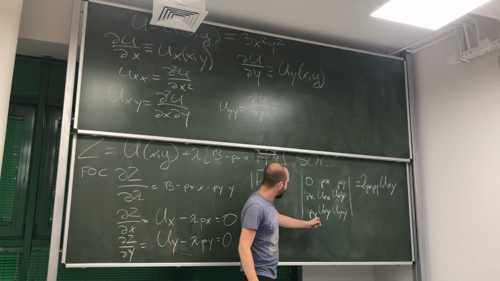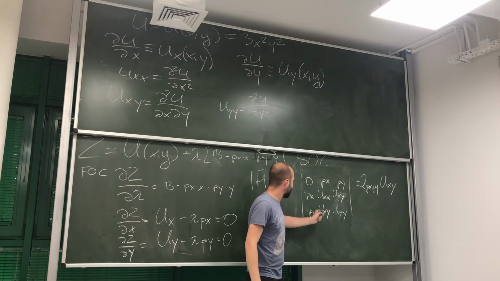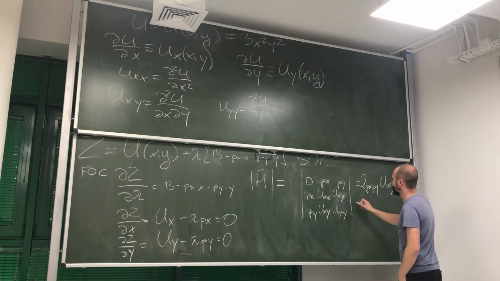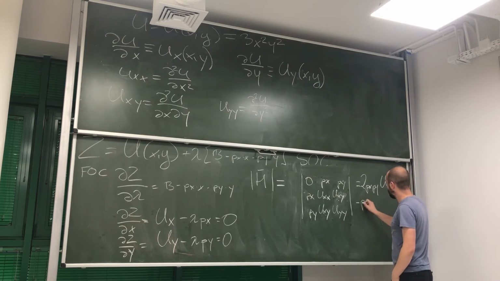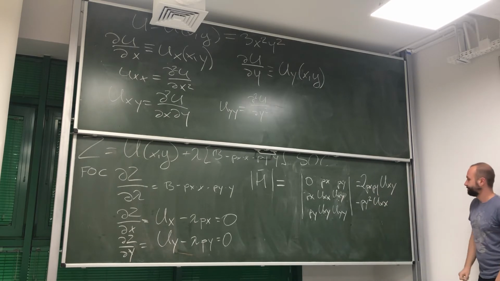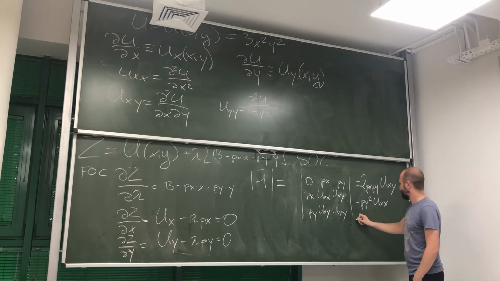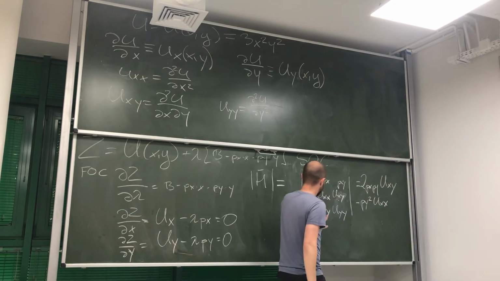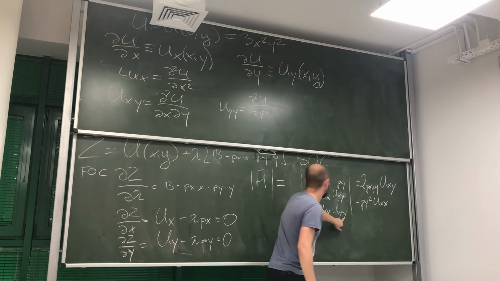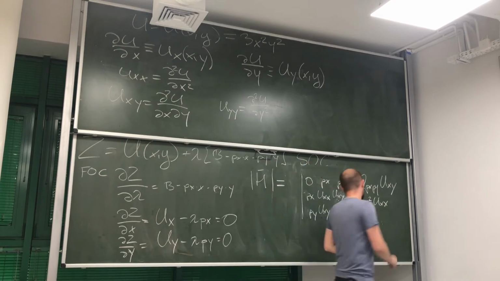Then we need to subtract py times uxx, py times py, right? So here we have negative py squared uxx, and then we need to subtract 0 and uyy times px squared.